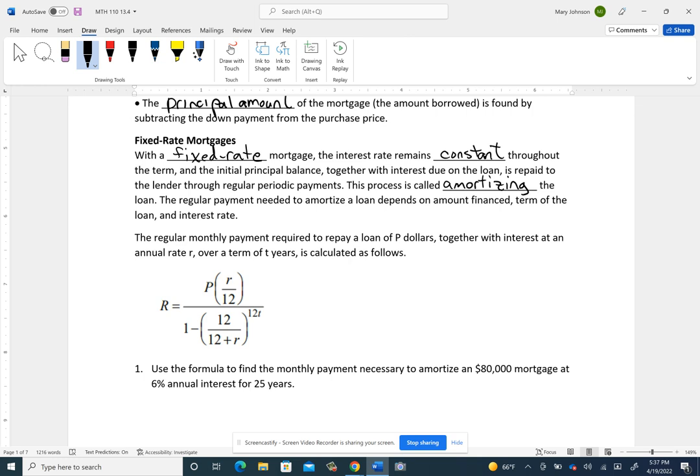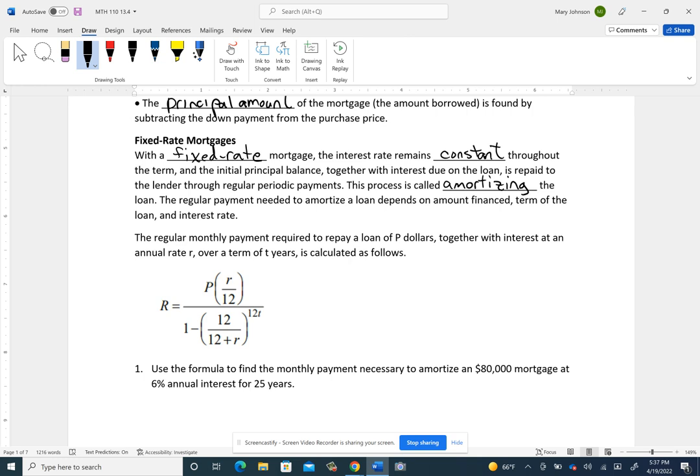So fixed rate mortgages are great when the interest rates are low, because you kind of lock in that interest rate and you're going to have that forever until you pay off the loan. But then, sometimes the interest rate's really high, so you might need to refinance or something like that, because you don't want to have a fixed high interest rate if the interest rates start dropping down the road.